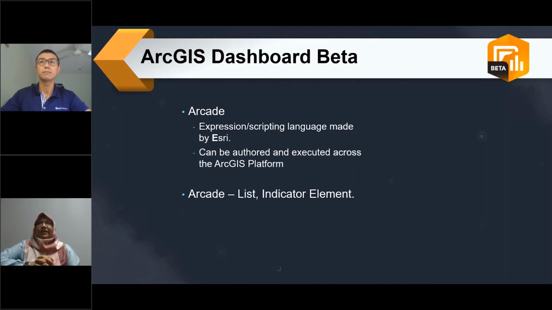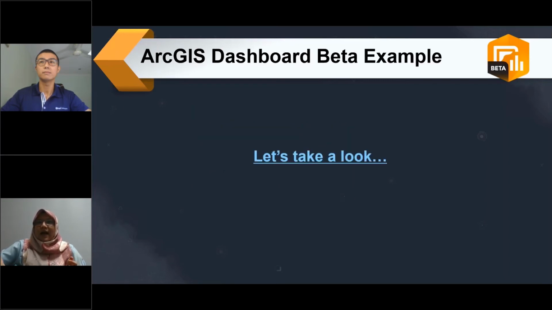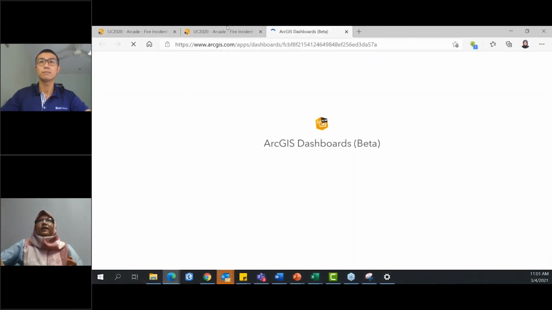In the dashboard, if we want to use Arcade, we have the list element and also the indicator for you to use Arcade and customize your dashboard to be more unique and easy to read.